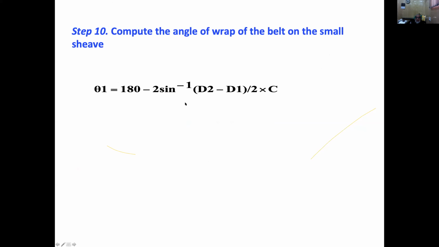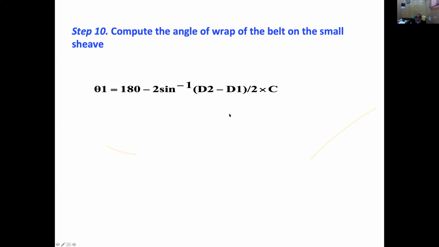And if you use θ1 here, I am getting θ1 equal to 166 degrees if I substitute the values. So remember, you will get 166, which is less than 180 degrees, isn't it? Similarly, if you find θ2, that will be more than 180 degrees.